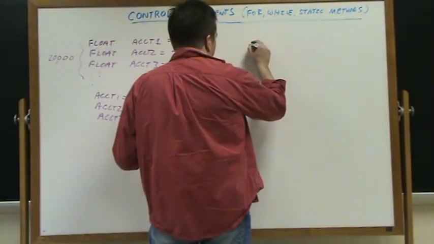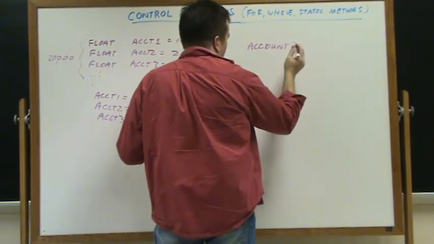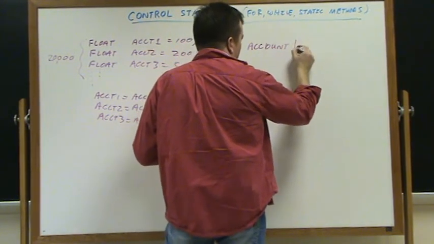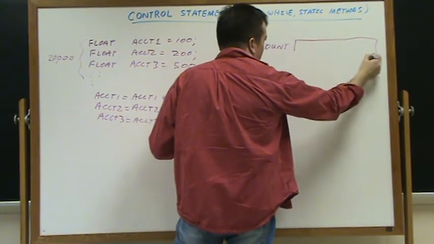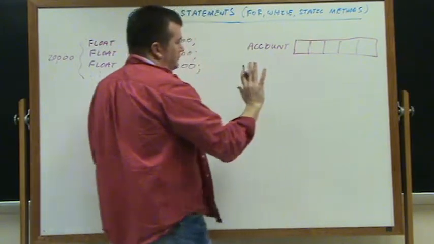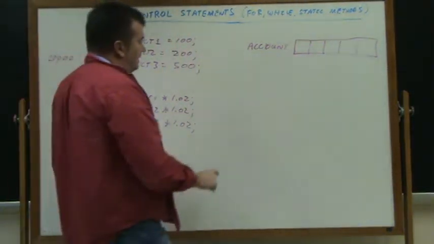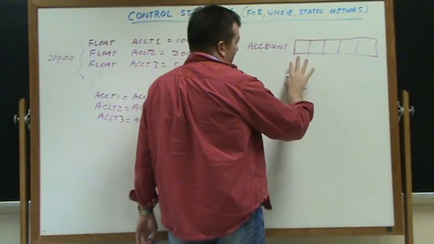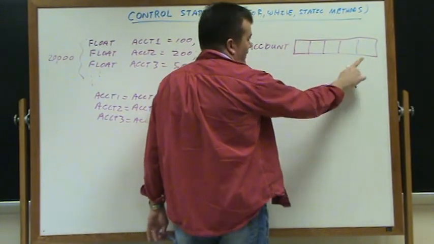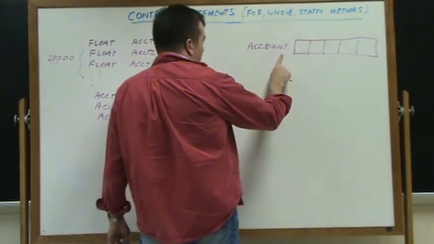It's actually a collection of account values, and in this case, they're just floating point numbers.